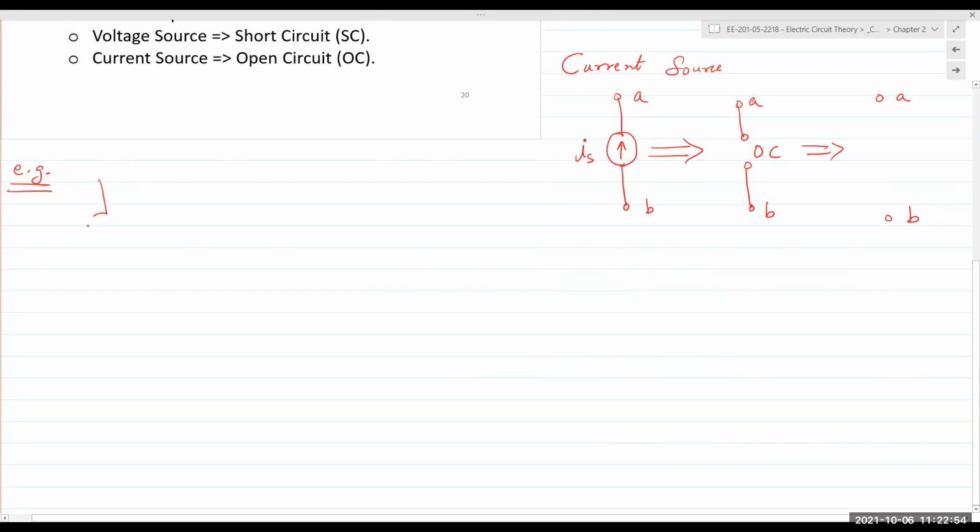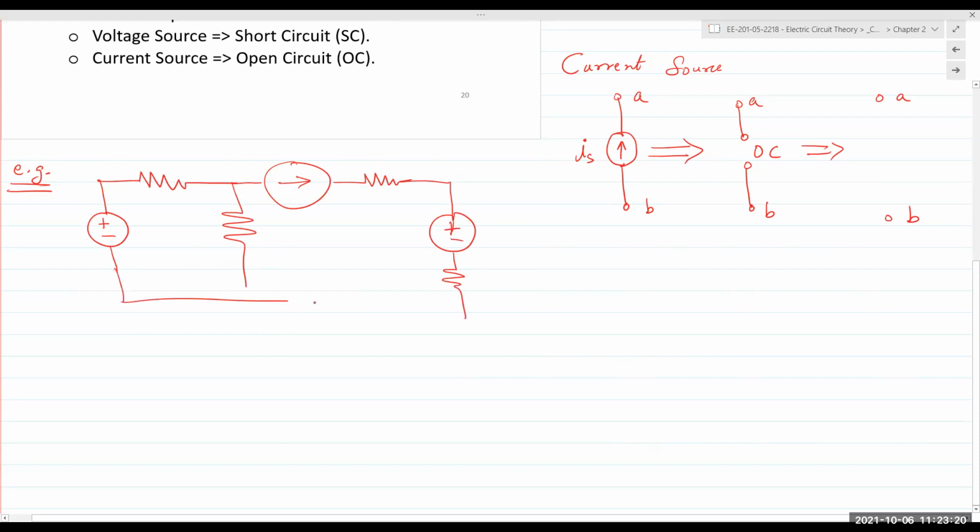We have a voltage source, a resistor here, a resistor here, a current source here, another resistor here, another voltage source, and a resistor.